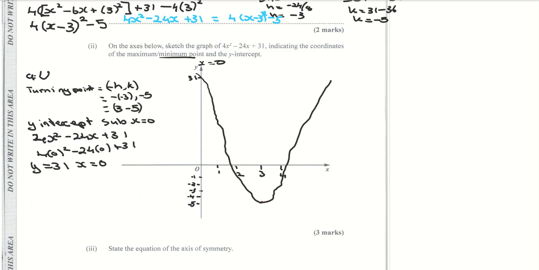So the graph's supposed to look something like this. Please, not as jaggedy as I put it. Your line's supposed to be a smooth curve. It's just because I'm doing it on the laptop that it's looking like that.